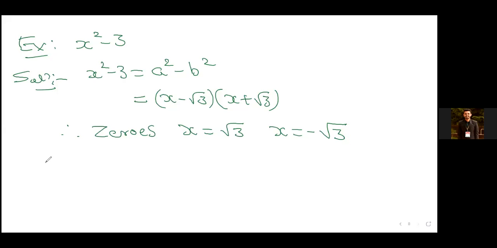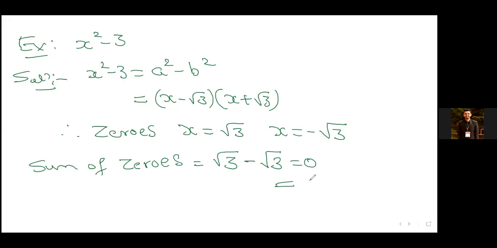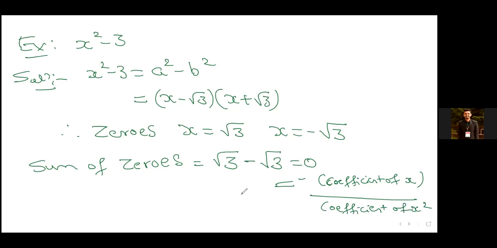Then the sum of the zeros is equal to root 3 minus root 3. This is 0. Now, what is the formula we have? Negative of coefficient of x upon coefficient of x square, right?